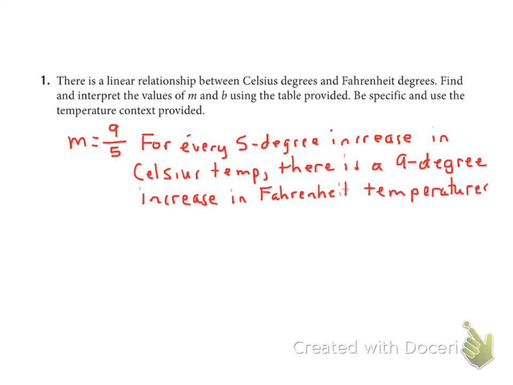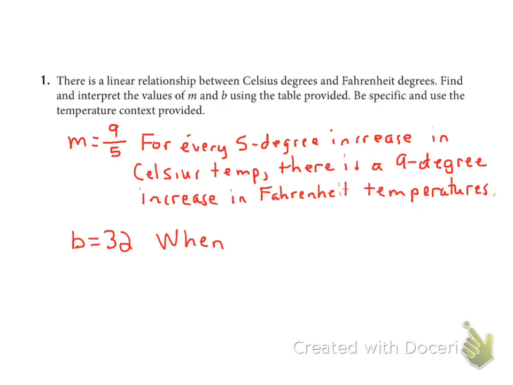Okay, so what is B from the table? 32. If they asked us what the y-intercept was, then we'd have to say (0, 32). So what does the 32 represent? It's where the graph crosses the y-axis, which is when Celsius is at 0 degrees, Fahrenheit is 32.